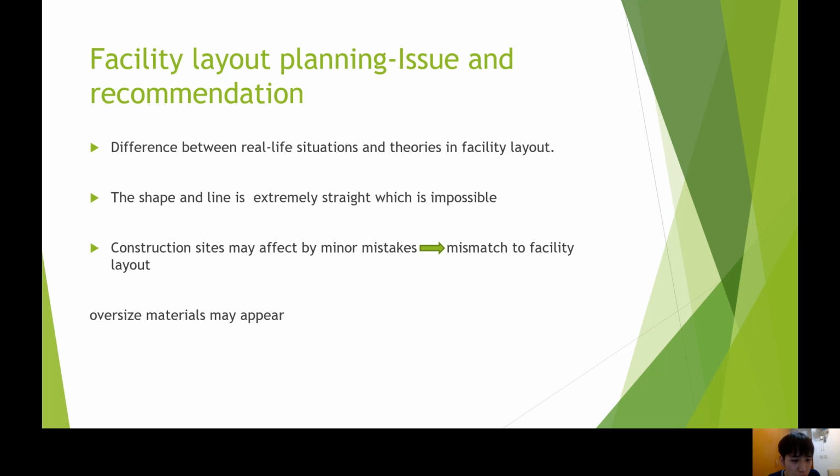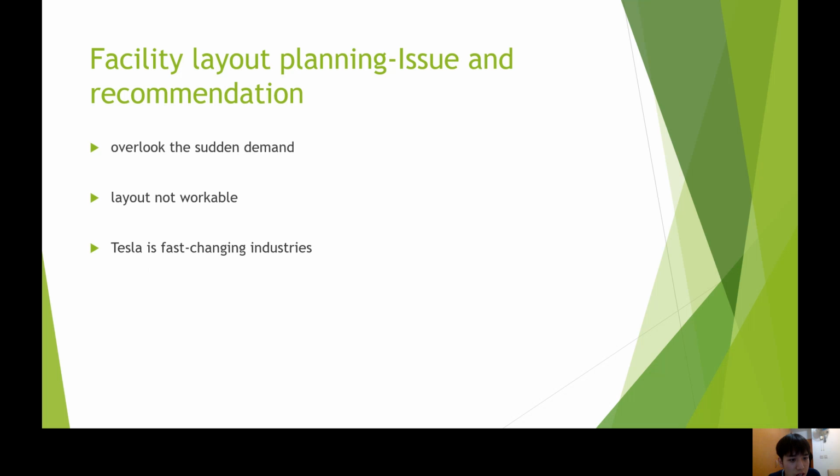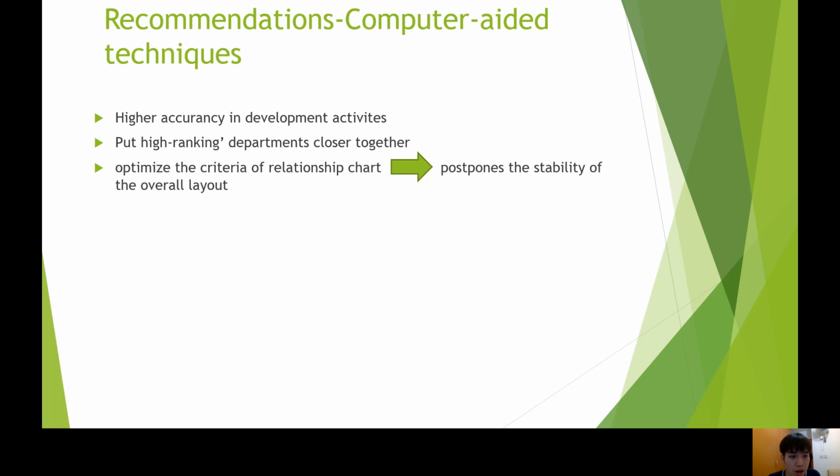Also, the conceptual design may lead to a minor mistake, and we finally come up with a messy facility layout. The second issue is that we will overlook certain demand. For example, Tesla is a fast-changing industry, so the layout may not be workable within 2 or 3 years.